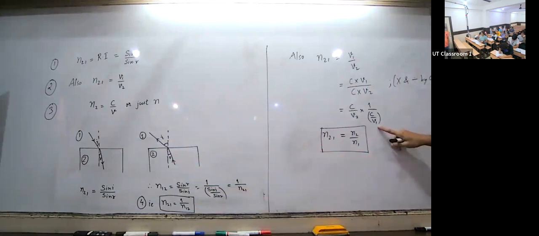Here, this could be confusing. When I say V1, which medium is it? Second medium. So see, for example, you have air, glass, and you can have air, water. Right?